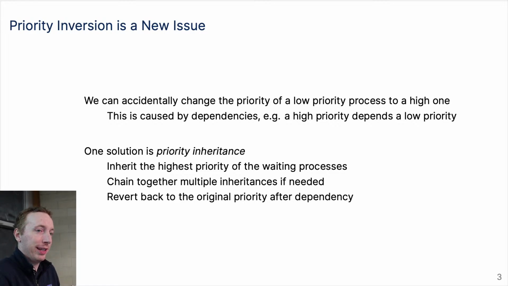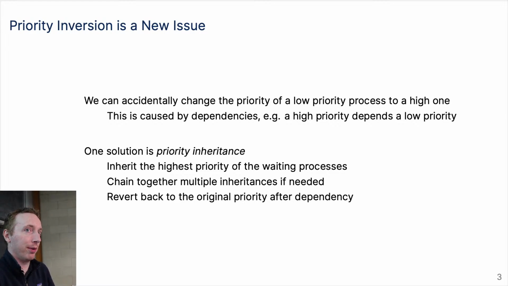So with priority is another problem. We still have that old starvation issue that we discussed before, but now we have priority inversion, which is a new issue. You can accidentally change the priority of a low priority process essentially to a high one caused by dependencies. If a high priority process depends on a low priority process, it's not going to be able to make progress.